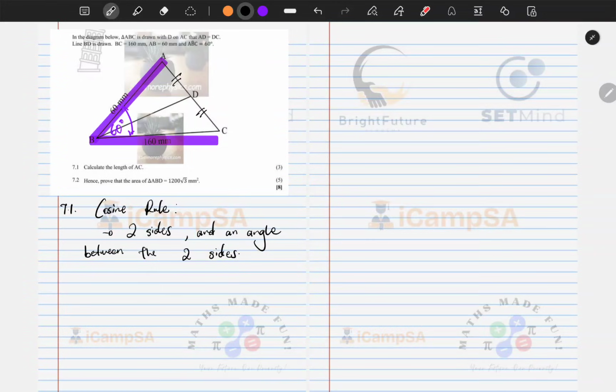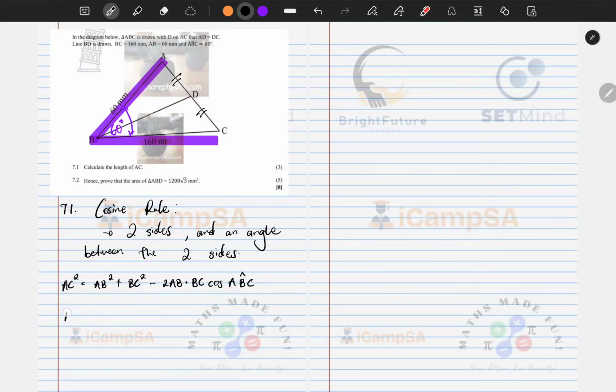Right? So the cosine rule is just going to say your AC squared is going to be equal to your AB squared plus your BC squared minus 2AB times BC cos of angle ABC, right?